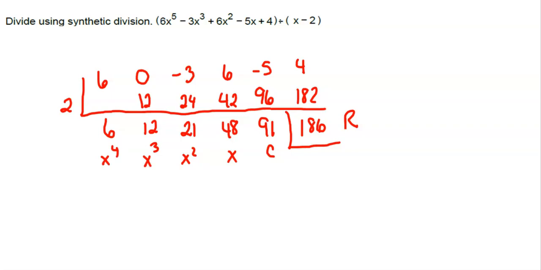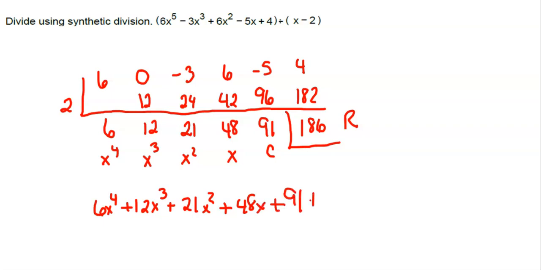So we've got 6x to the fourth plus 12x to the third plus 21x squared plus 48x plus 91 plus our remainder 186 divided by our divisor of x minus 2.